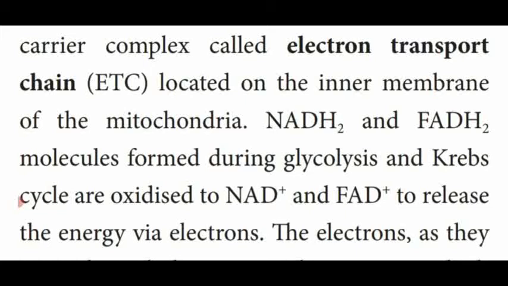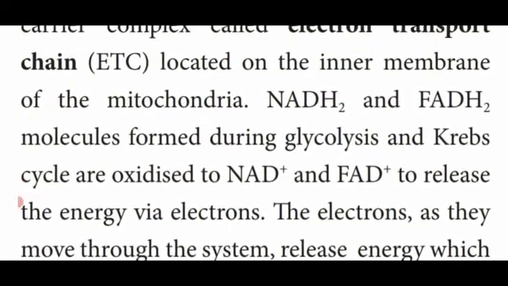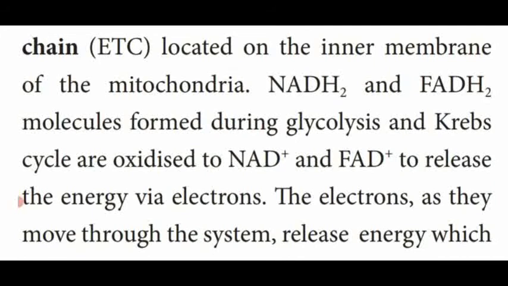So this reaction is called the electron transport chain, occurring in the inner membrane of mitochondria. Glycolysis occurs in the cytoplasm. Krebs cycle occurs in the mitochondrial matrix. Electron transport chain, or ETC, takes place in the inner membrane of mitochondria.